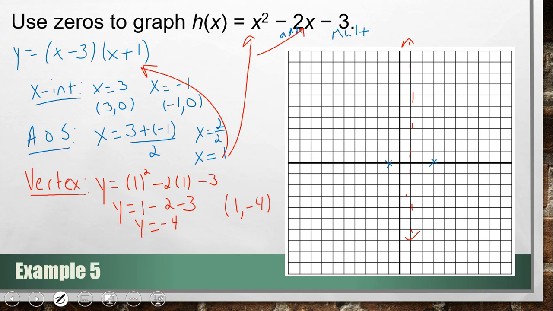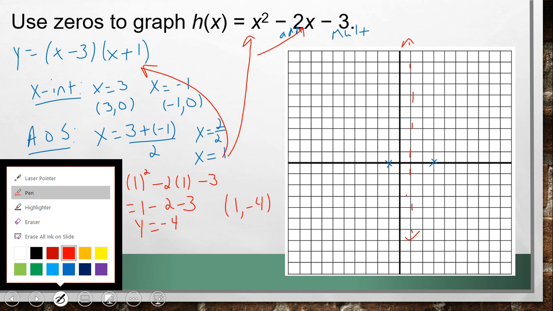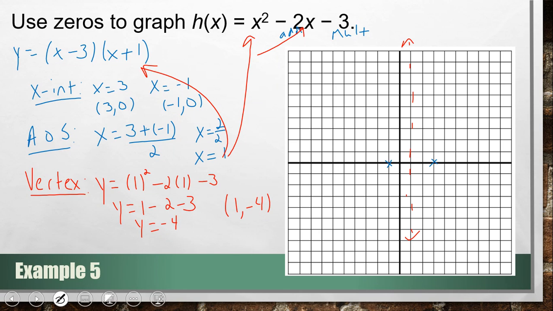So I'm going to plot that point as well. 1 comma, 1, 2, 3, negative 4. And I could draw my graph in. Now notice domain here, all real numbers. Range would be y is greater than or equal to negative 4. All right, so that's how we can use the zeros to graph.